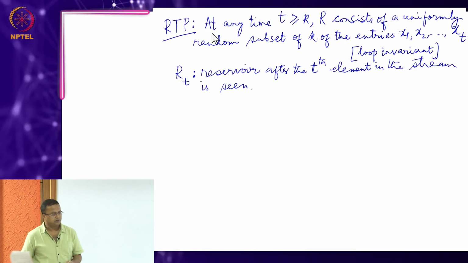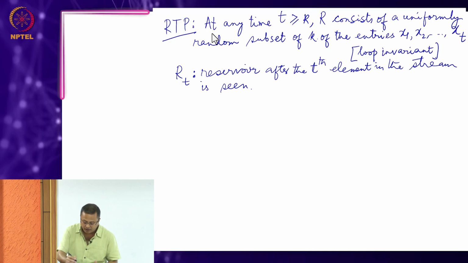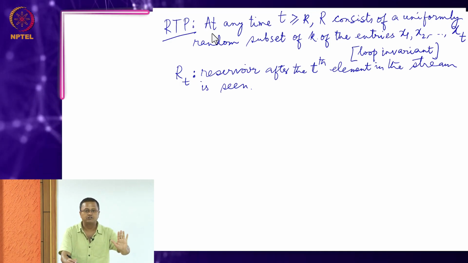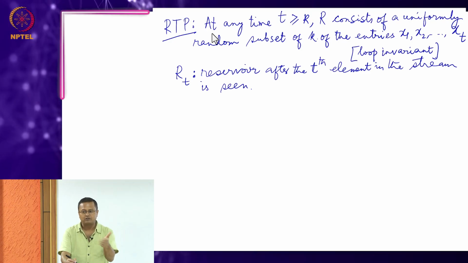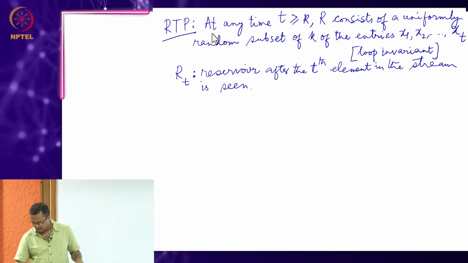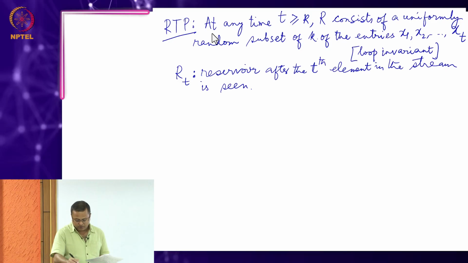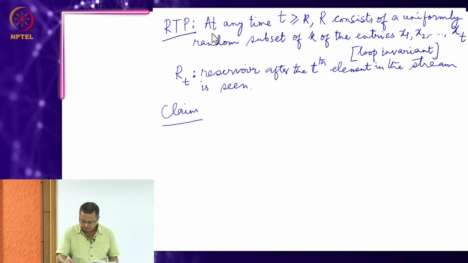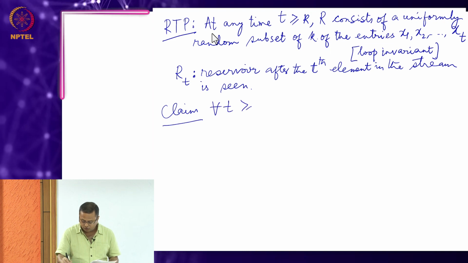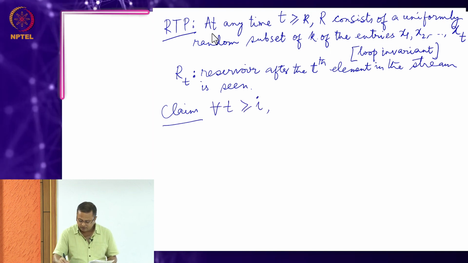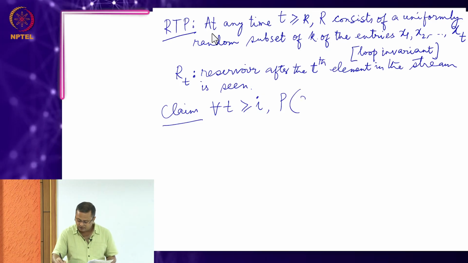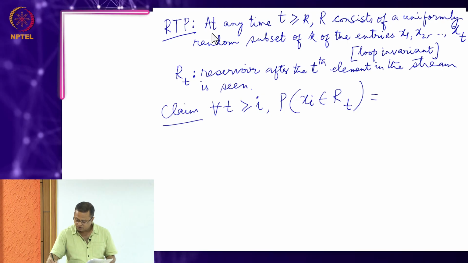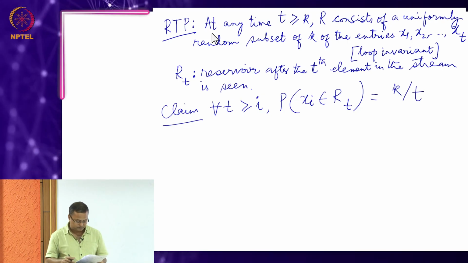Okay. So, R was the reservoir, I use the subscript t to denote the status of the reservoir after t elements of the stream have been seen. So, I want to prove the following claim and then I would be done. For all t greater than i, probability of xi belonging to R_t is equal to k by t.